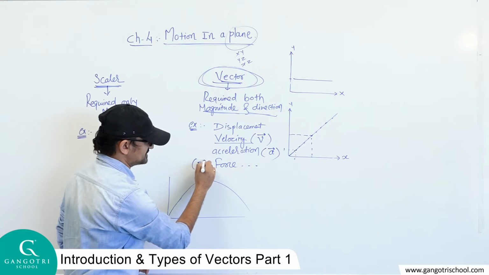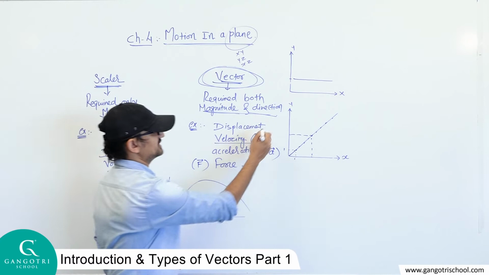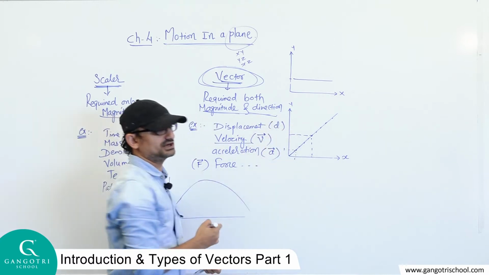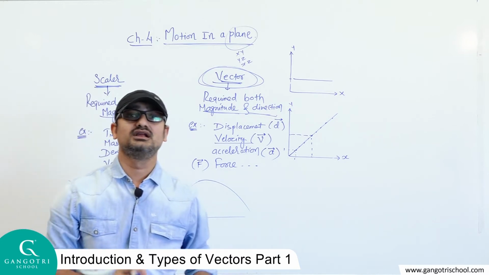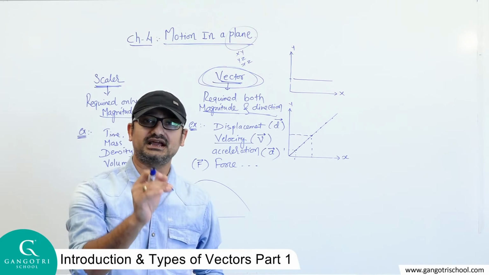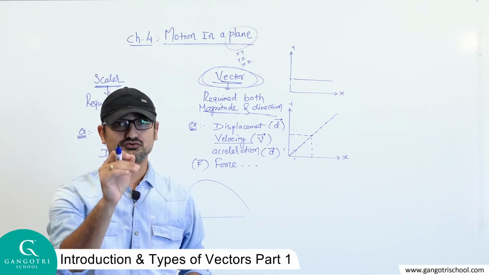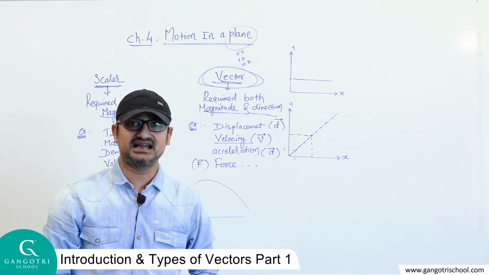Force is a vector physical quantity, so you put an arrow above the symbol. Displacement is a vector physical quantity denoted by D, and you put an arrow above the symbol. So this is rule number 1. If any physical quantity is a vector, you have to put an arrow above the symbol just to represent that this physical quantity requires magnitude as well as direction.